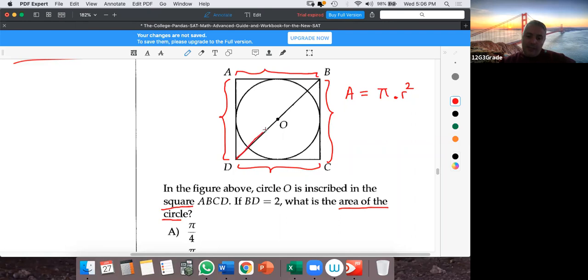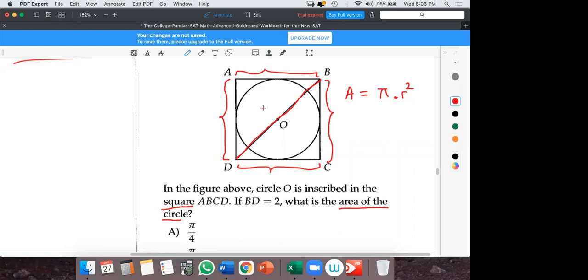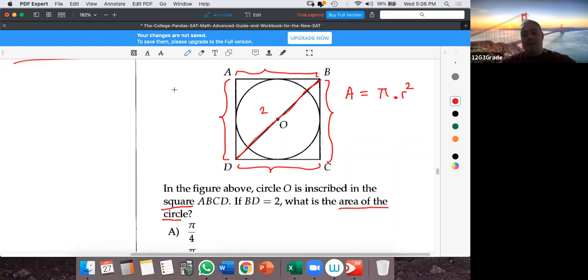Where is BD here? Now, I want to ask you something. If I draw, be careful now, D, which is 2. 90 degrees. Can I say this is 90 degrees?